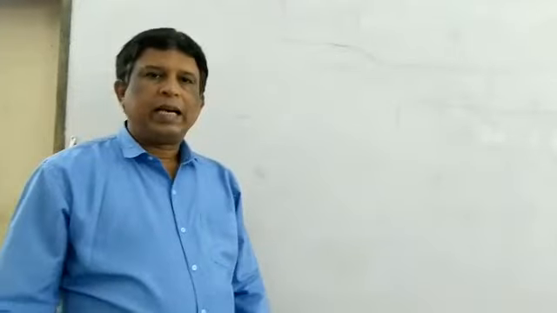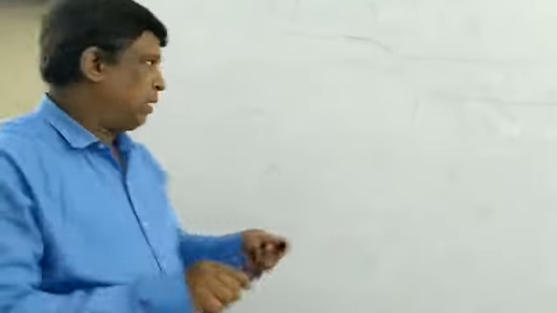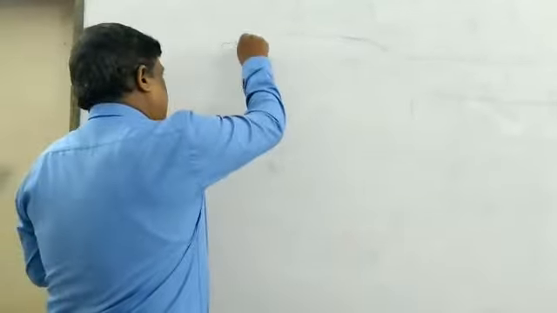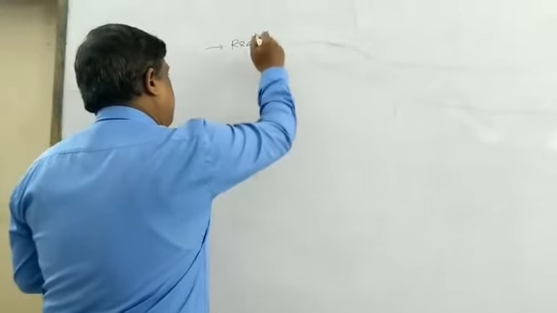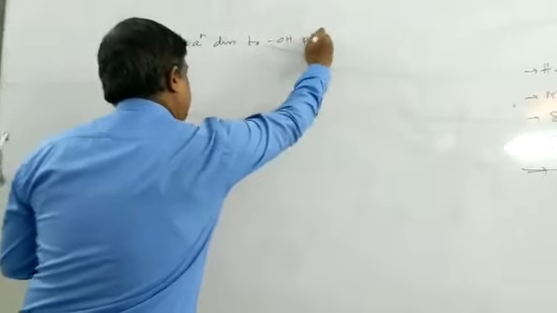Discuss the second part of the chemical property. As already discussed, the chemical property of phenol is divided into three parts. Part one is reaction due to the OH part.